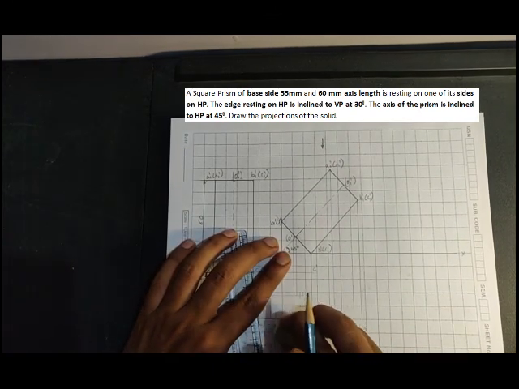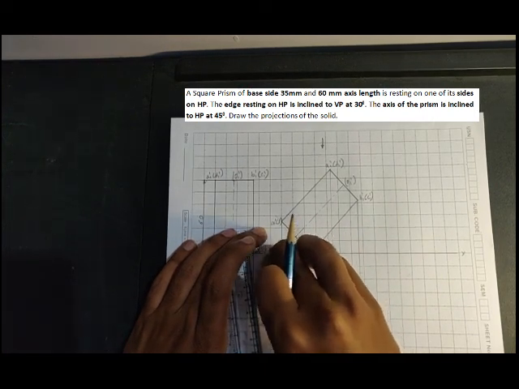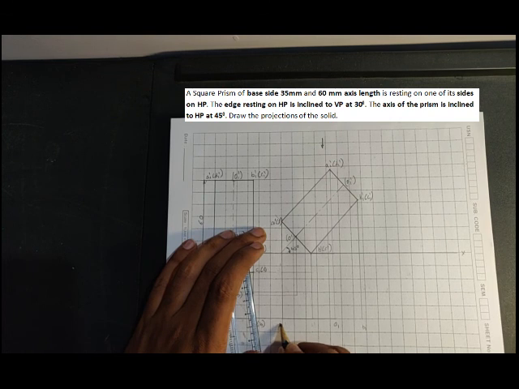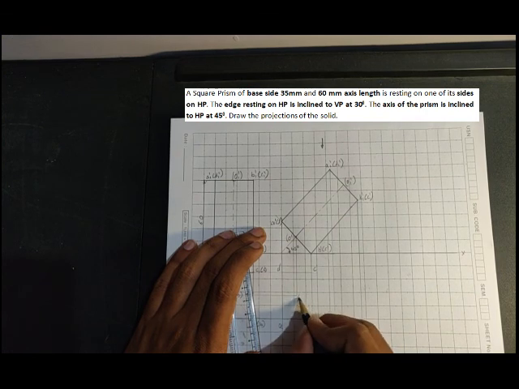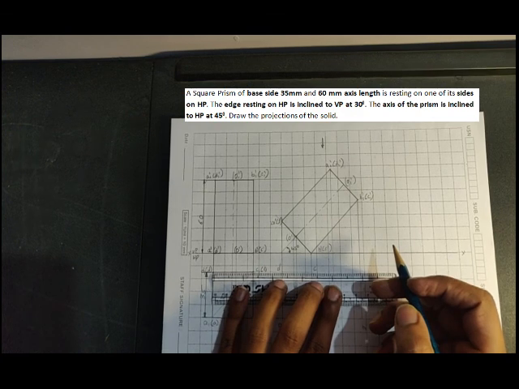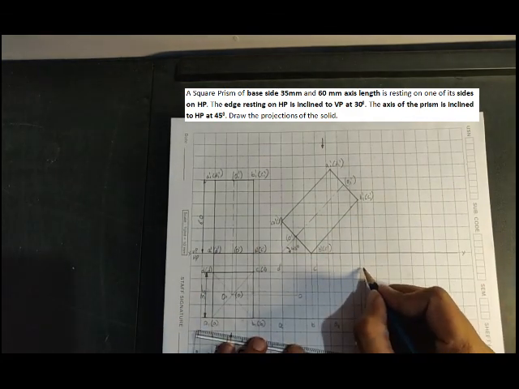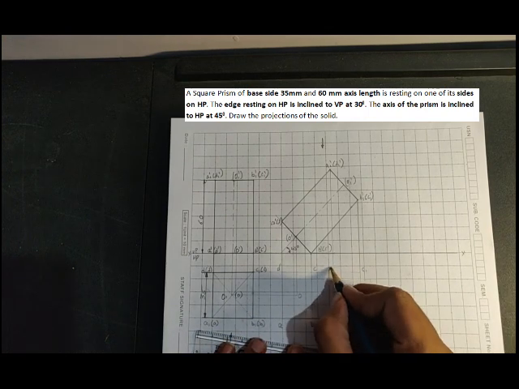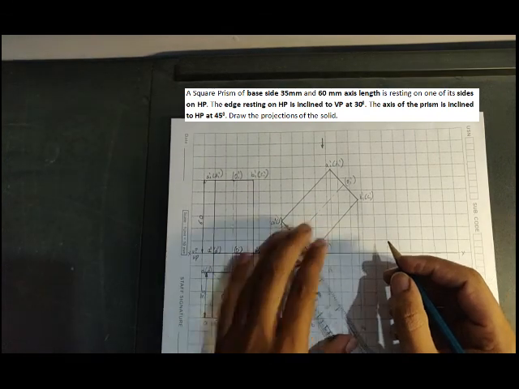The top here I have named it as correct. So it should be A. By oversight I've named it as A dash. Okay. So this becomes O. So this is A1 B1. C1 D1. Okay, right. Also project the center line as I told.